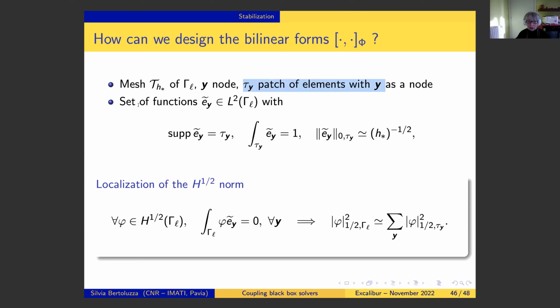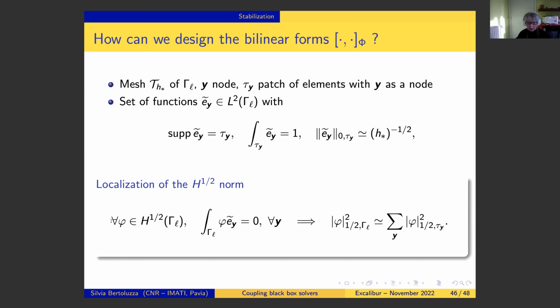And then I introduce a set of functions E tilde y in L2 of gamma L that satisfy this assumption. The support of E tilde y is the patch of elements that has y as a center node. The integral of E tilde y is 1, and the norm in L2 of E tilde y behaves like h star to the -1/2.